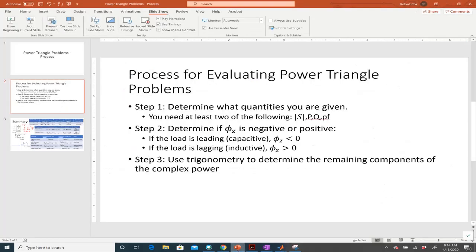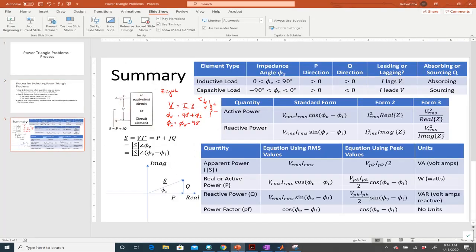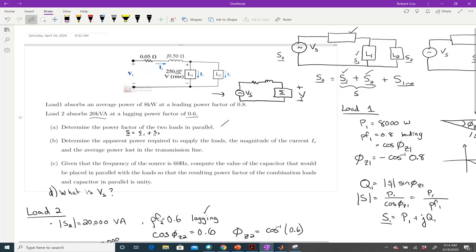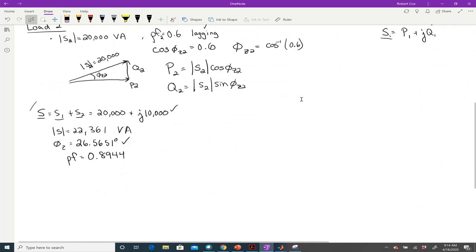If I look at my summaries here, complex power is always related to V times I conjugate. I know the complex power and the voltage across it, so I can simply solve for the current using that relationship. So for part B, I have S equals V times I conjugate.